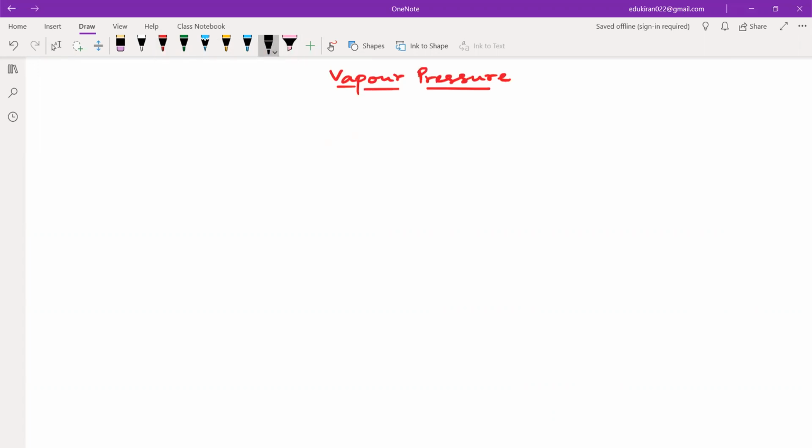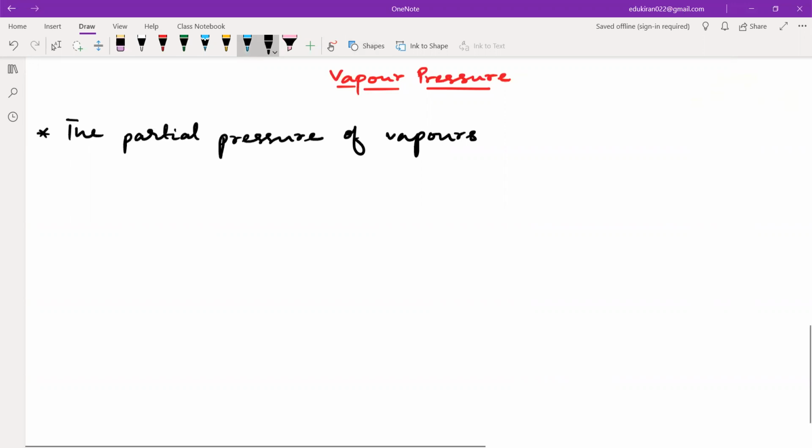So first of all, what is the definition of vapor pressure? The partial pressure of vapors. If you remember, it happens like this: H2O liquid is getting evaporated and becoming H2O gas, and H2O gas is becoming H2O liquid.